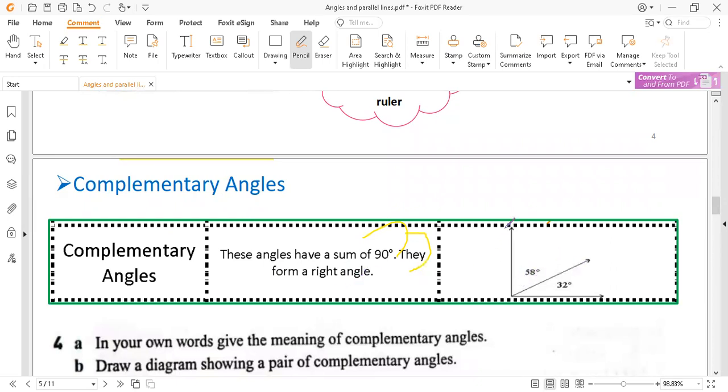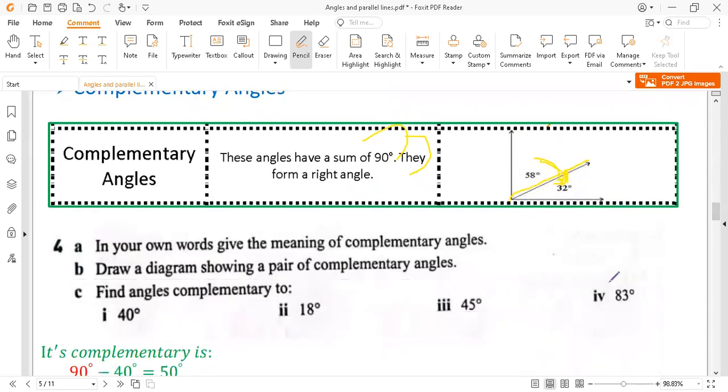If we have two adjacent angles, we say that these angles are consecutive, okay? They have a common side. So normally if we add these angles, 58 plus 32 equals 90 degrees, so these two angles are complementary.